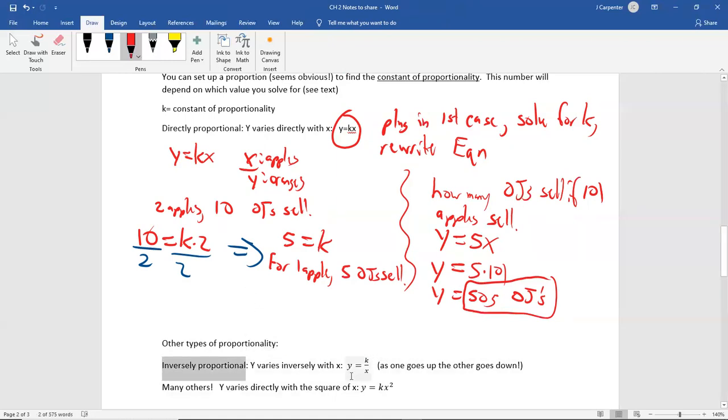This is not y equals k times x, it's y equals k divided by x. What this means is, as one thing goes up, the other thing goes down. More specifically, as x doubles, y halves. Or as x triples, y goes down by a third, that kind of idea.